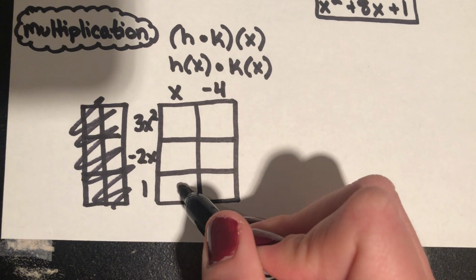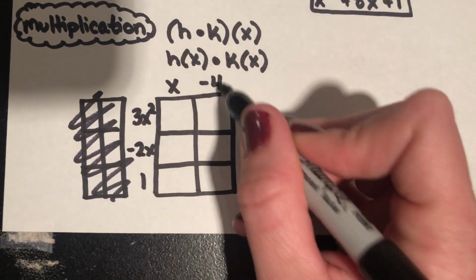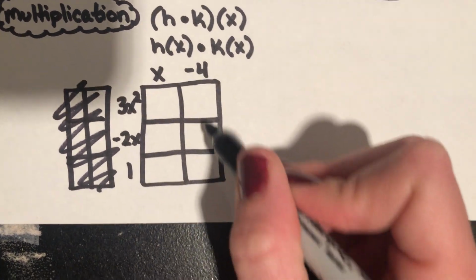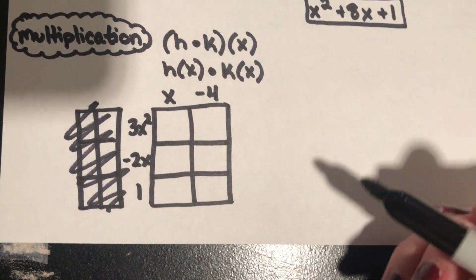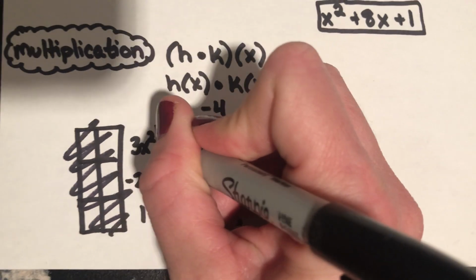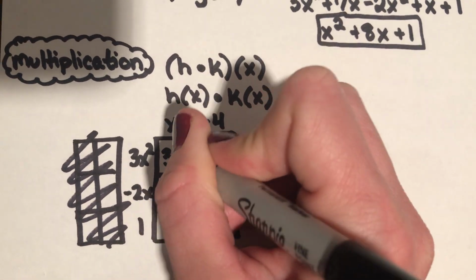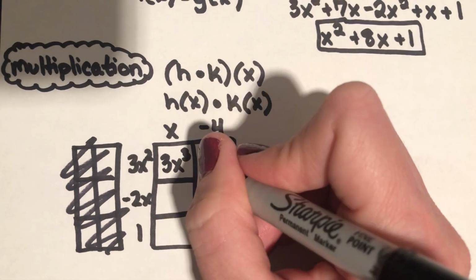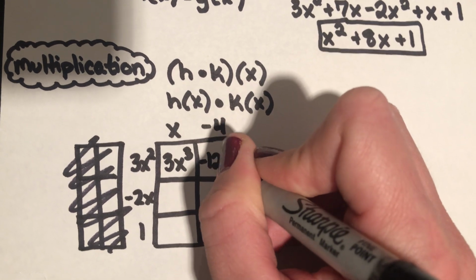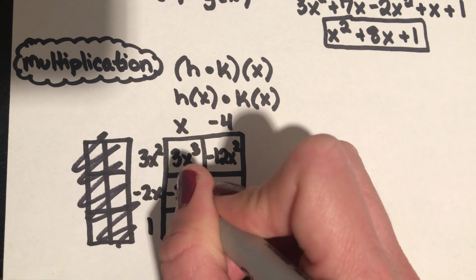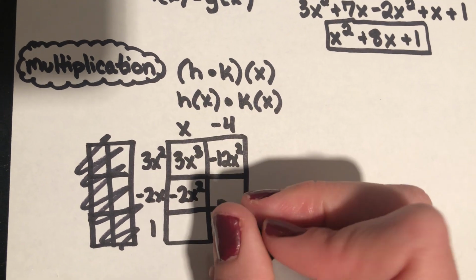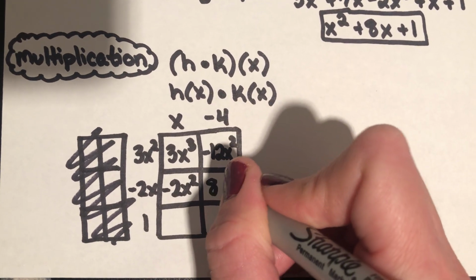Same for each row and column. Everything inside the box then at the end gets added up, and that's our final answer. So we have here 3x cubed. Over here, negative 12x squared. Over here, negative 2x squared. Over here, 8x.